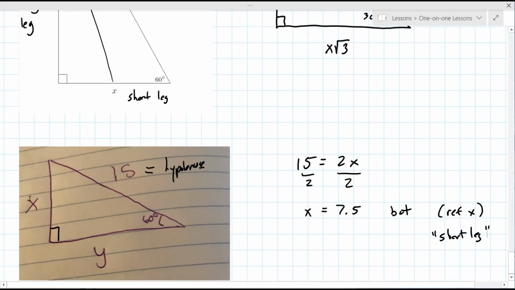Is x the short leg? And see, this one's not drawn correctly. They've really not given you any help here, at least the way this is drawn. X is actually the long leg, and y is the short leg. So this right here is actually 7.5.